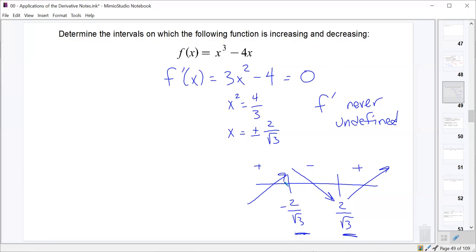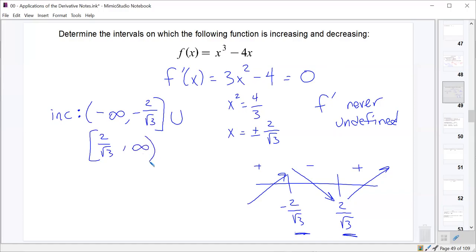So now we can see that this particular function is increasing from negative infinity to negative 2 over root 3. And then, again, from 2 over root 3 to infinity.